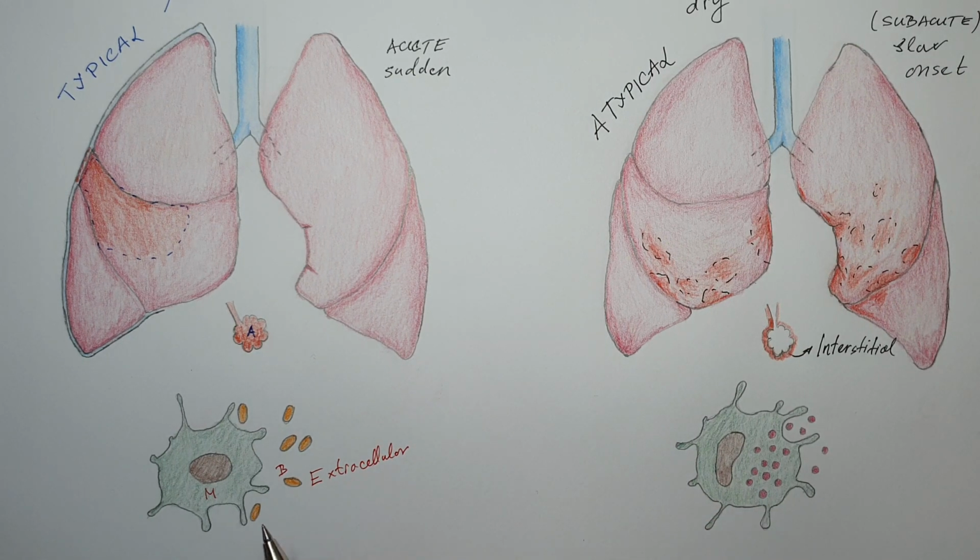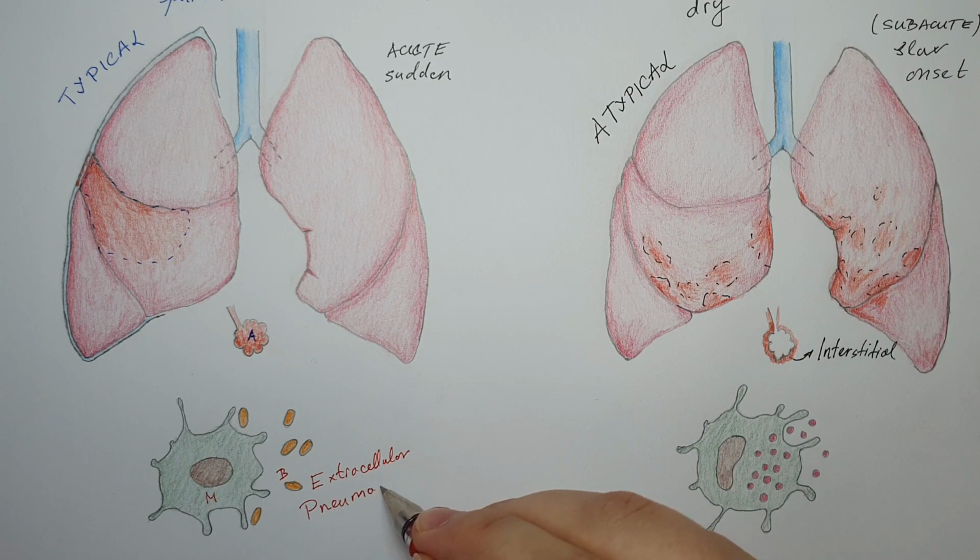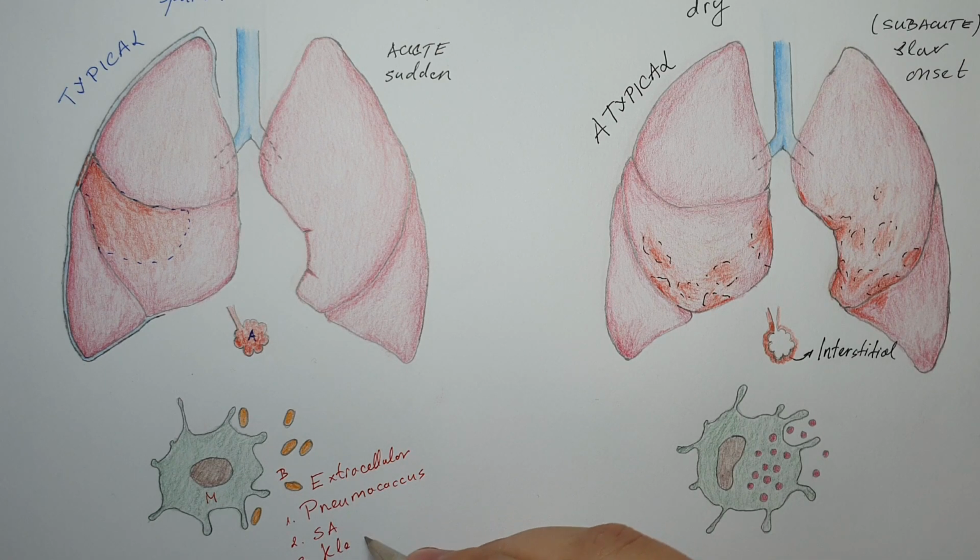These bacteria in typical pneumonias are, for example, pneumococcus or Streptococcus pneumoniae, which is the most common bacteria causing community-acquired pneumonias. So one of them. Another possibility is Staph aureus. Then another possibility is Klebsiella.